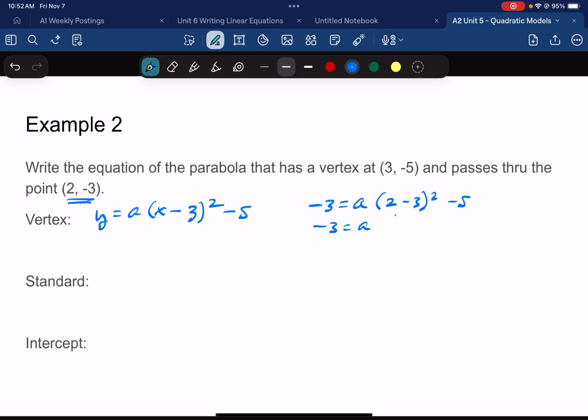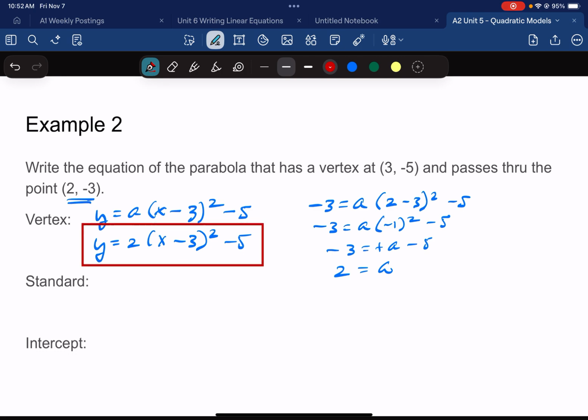Two minus 3 is negative 1, squared. So that's positive a minus 5, because negative 1 squared is 1, so that just becomes a. Then we add 5 to negative 3, and we get a is 2. So vertex form is 2 times (x minus 3) squared minus 5.